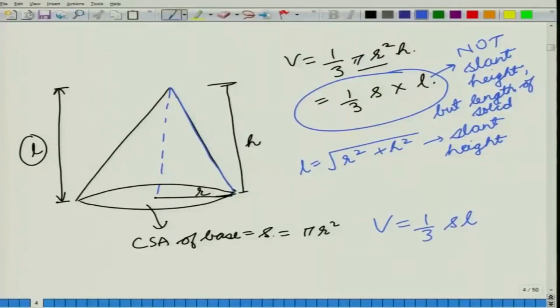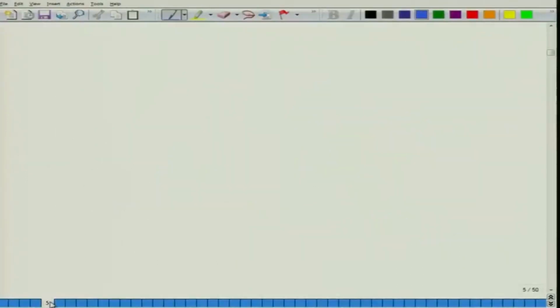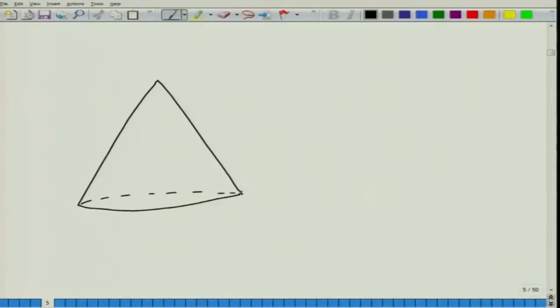Now, what will be the volume of a frustum of a cone? So, what is the frustum of a cone? If we drew a cone again, and we are taking a section here.